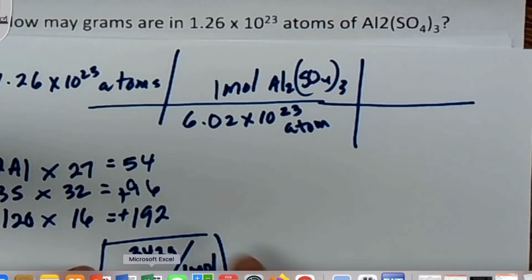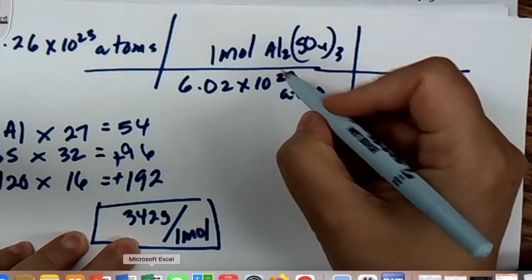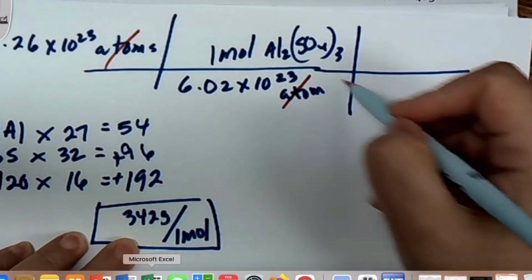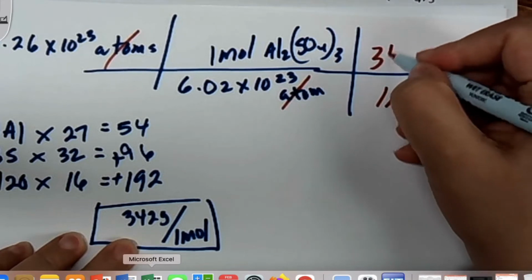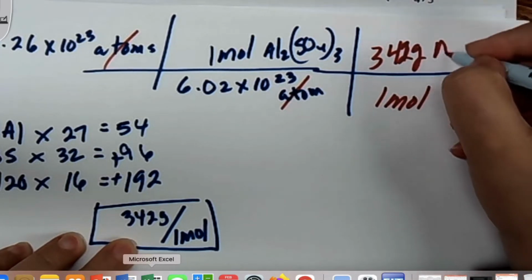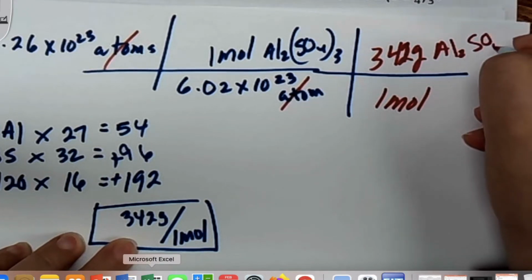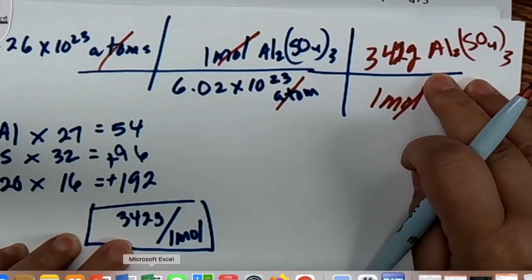So now we set it all up. We take this number right here and put it, atoms cancel out, and then to cancel moles, 1 mole goes on the bottom. 342 grams of aluminum sulfate. Moles cancel out, we end up with grams.